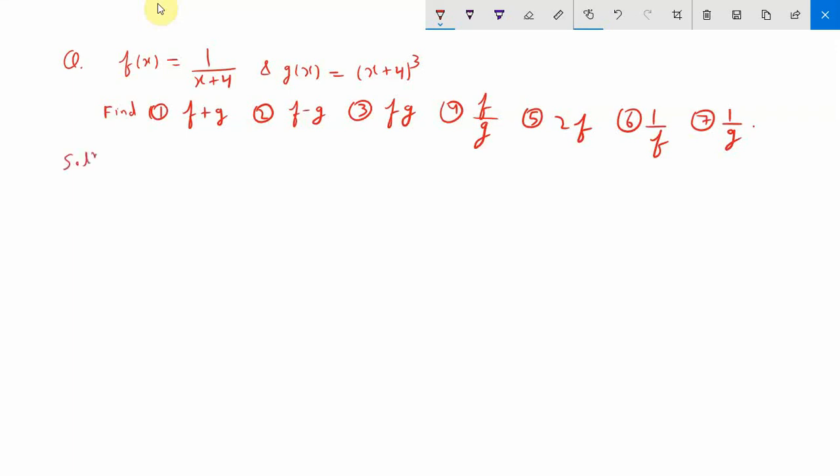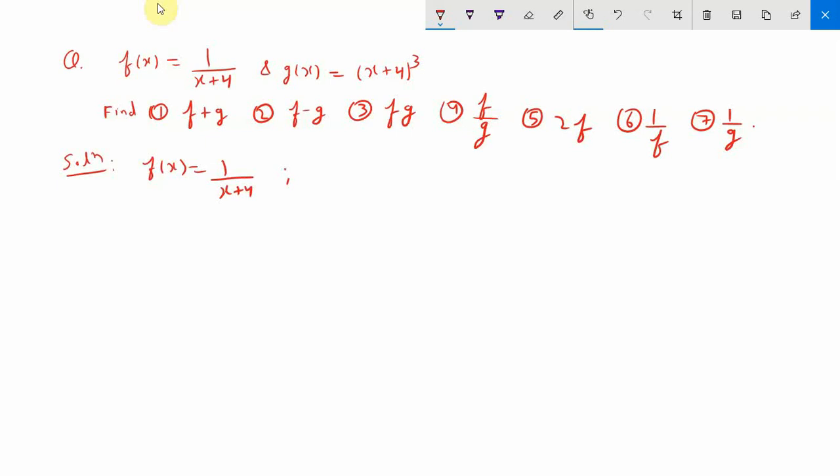So first, f(x) and g(x) are given. So we can define what is the domain of f(x) and what is the domain of g(x). So f(x) = 1 by (x + 4). So what will be the domain? Denominator shall not be 0. So x + 4 is not equal to 0, or x is not equal to minus 4.